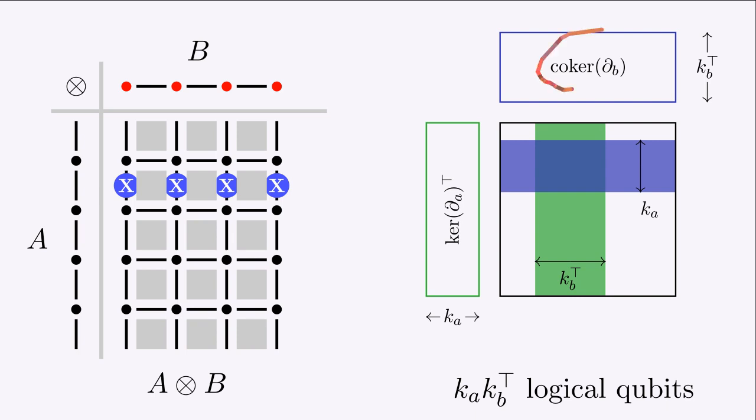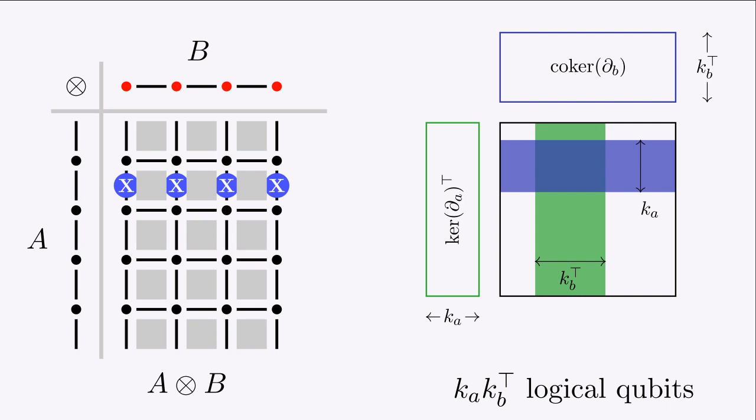In general, this co-kernel is going to be bigger than one-dimensional, and so then what happens is every row in the co-kernel needs to be copied onto this horizontal string here. So we get one operator on this string for every row in the co-kernel. For the surface code, there was only one guy, so it's just that.